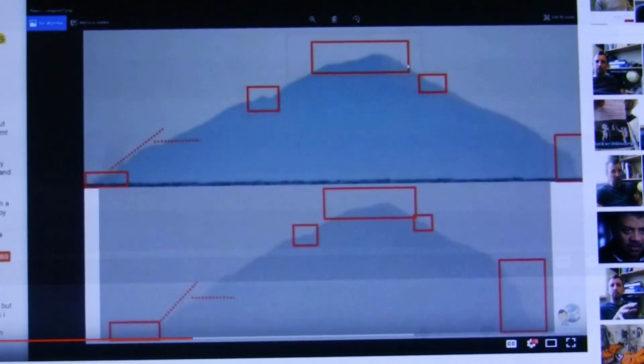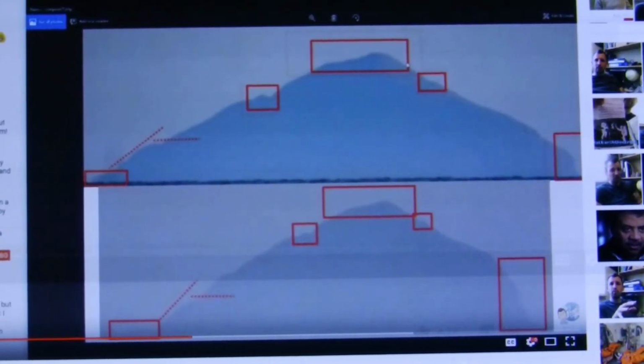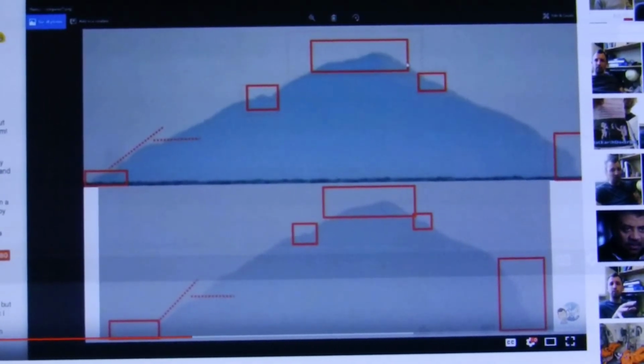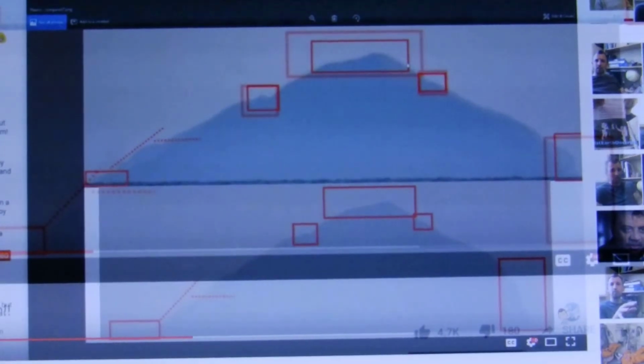And because you've got more features in the bottom one, that must be the one from closer, due to curvature of the Earth. So the one on the top, taken from further away and higher up, you can see that cliff on the right. If I then increase the opacity, you're looking at the closer sea level photograph. Notice that the cliff on the right has shifted.